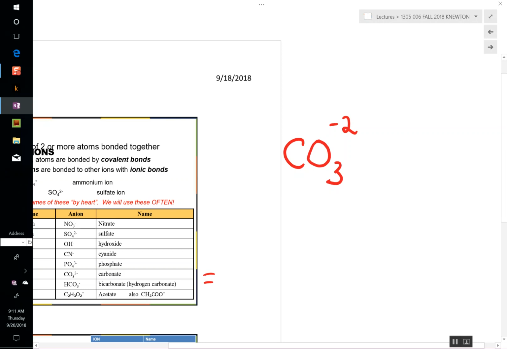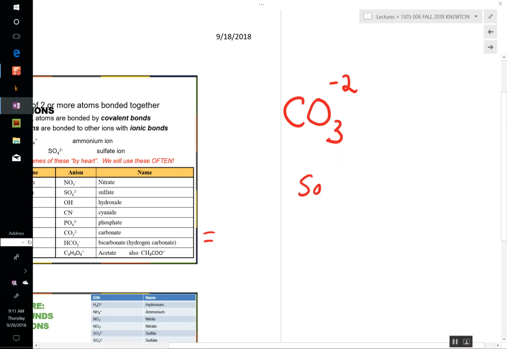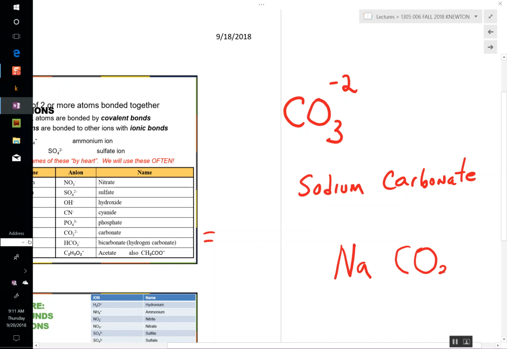Well, let's look at sodium carbonate. And let's write a formula for sodium carbonate. I would write the symbol for the metal. I would write the formula of the anion, the polyatomic anion.